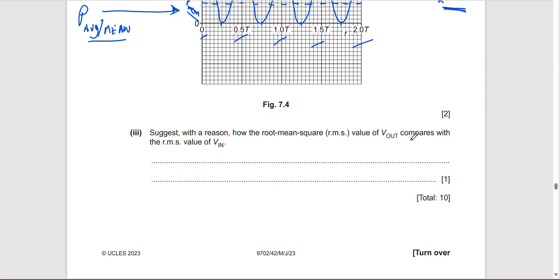So if they are the same, the RMS values are going to be the same because RMS values both depend on the maximum V out and maximum V in. And if maximum V in is equal to maximum V out, then the RMS value is going to be the same.